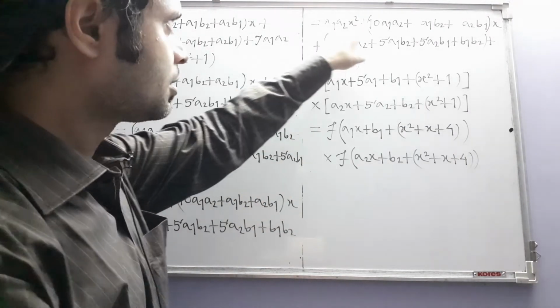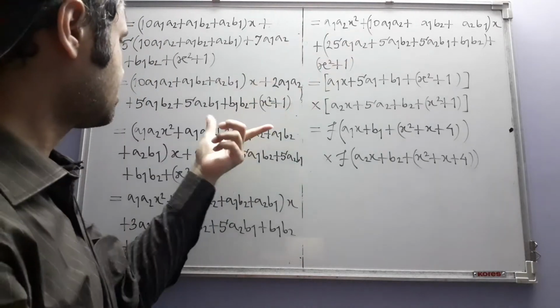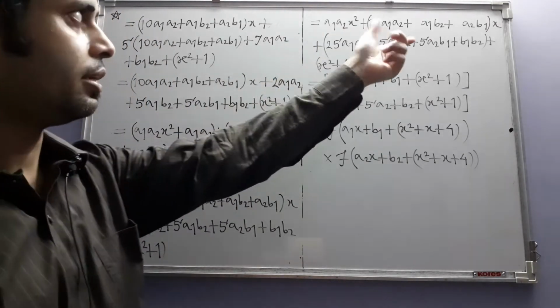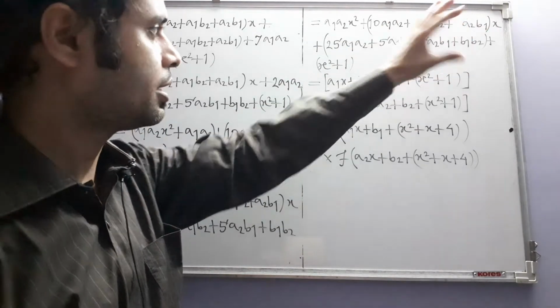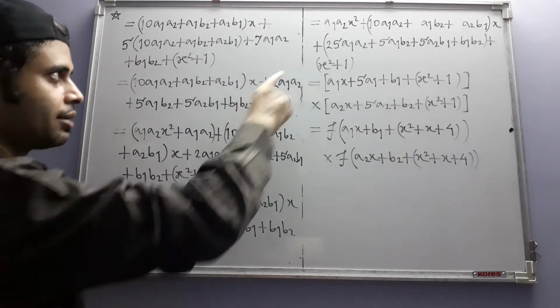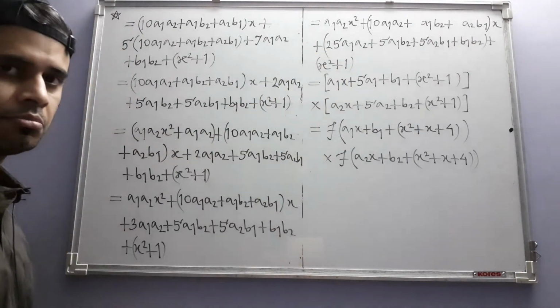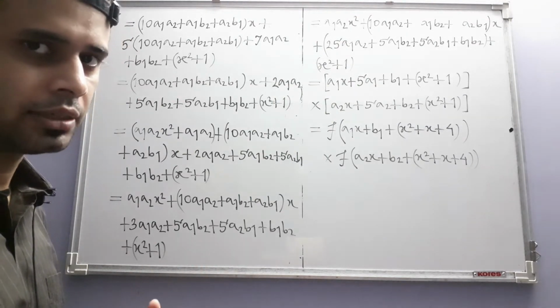Now the first part is this a1 a2 x square plus the terms containing x, 10a1 a2 plus a1 b2 plus a2 b1 times x, plus now in place of 3 we can write 25, because 25 minus 3 is 22, which is divisible by 11.